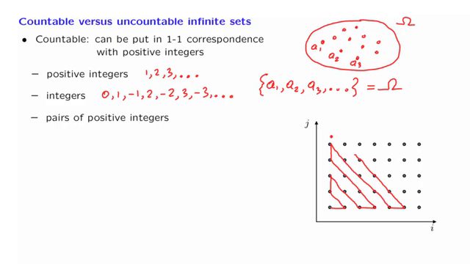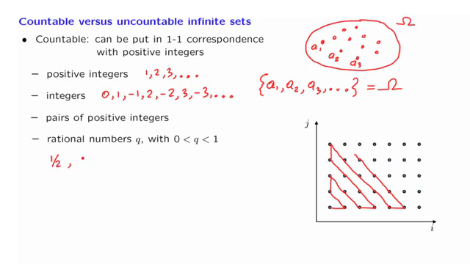Now, for a more subtle example, let us look at all rational numbers within the range between 0 and 1. What do we mean by rational numbers? We mean those numbers that can be expressed as a ratio of two integers. It turns out that we can arrange them in a sequence, and we can do it as follows. Let us first look at rational numbers that have a denominator of 2.